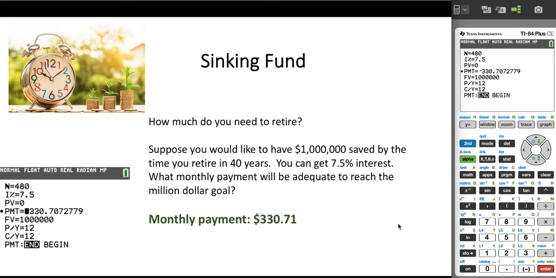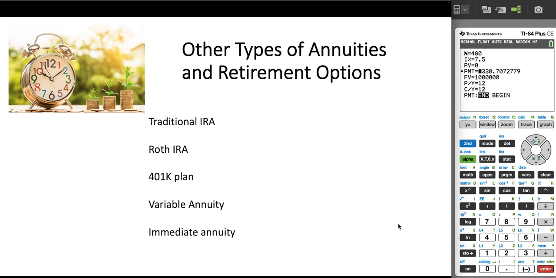Okay. The last thing I want to do is talk about some other types of annuities and retirement options. I encourage you to look at your book, and that's on page 623 in your text. It goes through and explains these in a very cursory way, but gives you some information about these types of retirement options. Have you ever heard of an IRA?